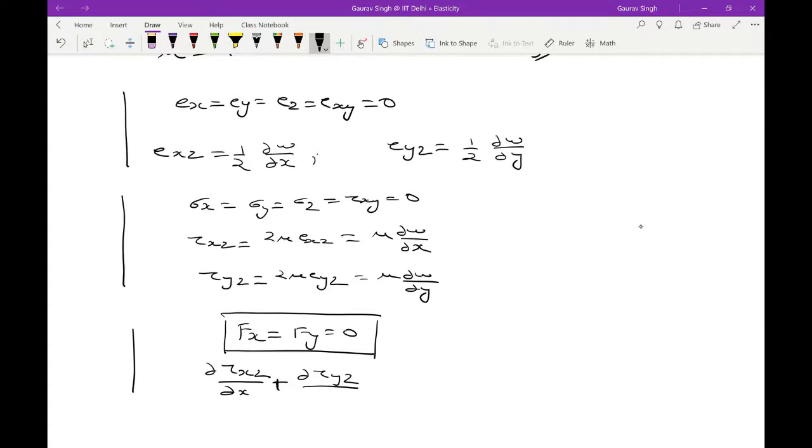It comes out if you put all these stress components in the equilibrium equation. This is not an assumption that the body forces are 0 in the x and y direction. And the third equilibrium equation gives you this.